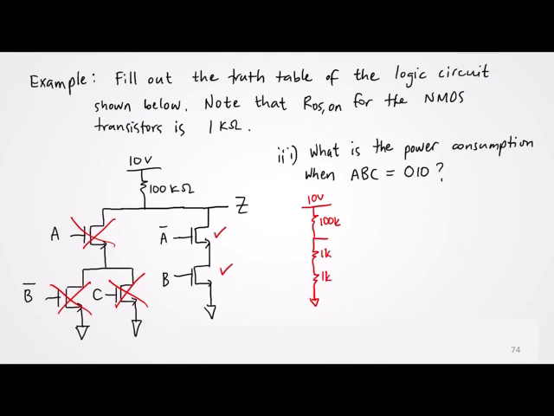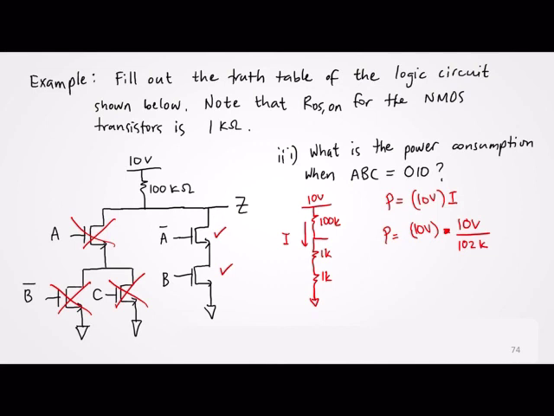Okay, since power consumption is what is asked, what we are really looking for is this I. Right? So, the power consumption is 10 volts multiplied by that current I. So, what is I? I is simply the voltage of 10 volts across this equivalent resistance of 102 kilo ohm.